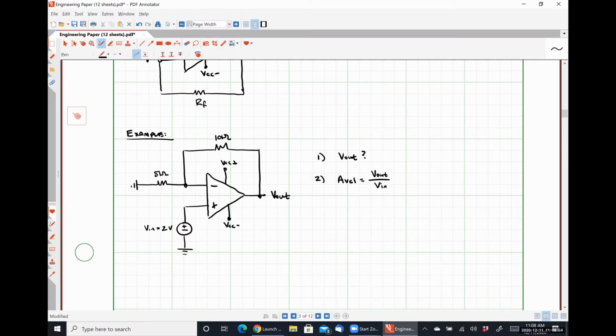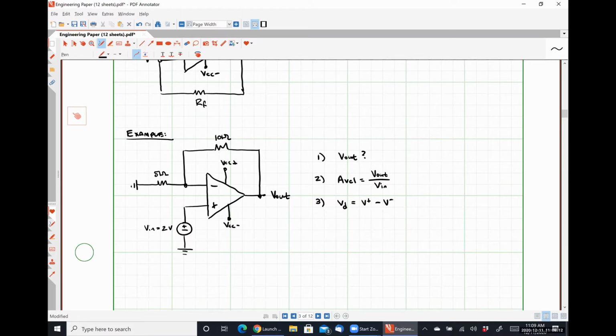Okay. I want to find also our differential voltage VD, which will be the voltage present at the non-inverting input terminal minus the voltage present at the inverting input terminal by definition.